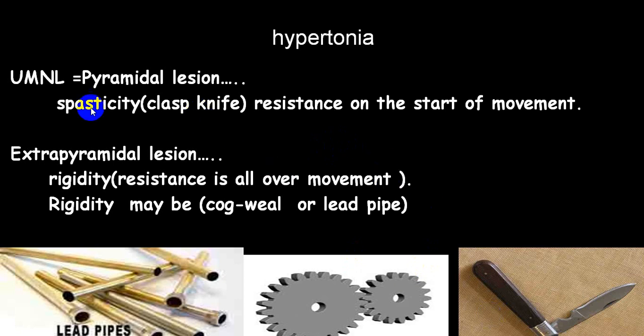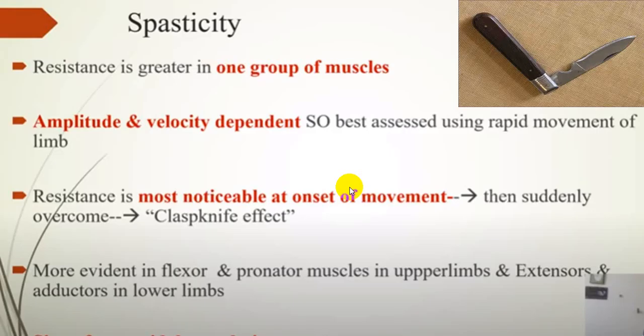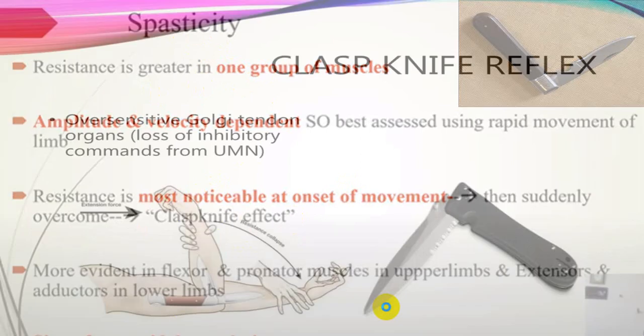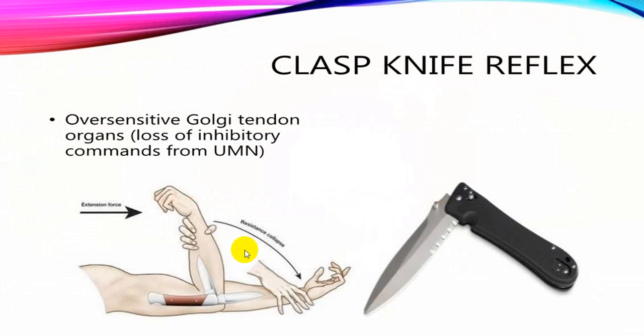Clasp-knife type of rigidity, which you will see in pyramidal damage, while extrapyramidal damage will produce what we call rigidity, which can be cogwheel or lead pipe. And here we use the word spasticity. And these are the signs of increased tone, we call hypertonia. So if one group of muscle is involved, you will get clasp-knife type of rigidity, and it is a sign of pyramidal tract damage. Typical initial resistance followed by suddenly give way.